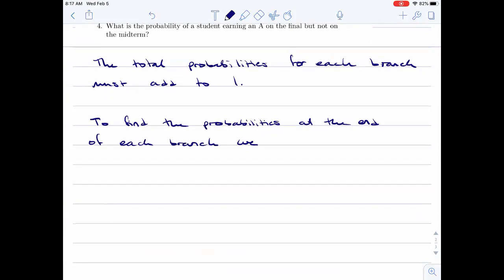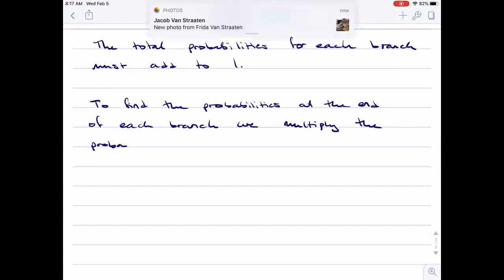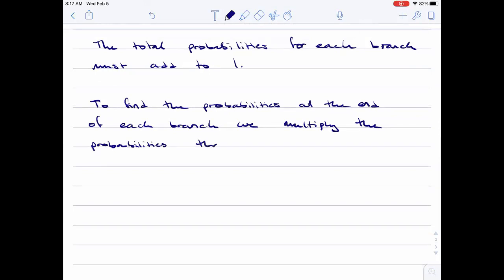Does that make sense? I kind of run down those branches, right? And so we multiply the probabilities that go down each branch.